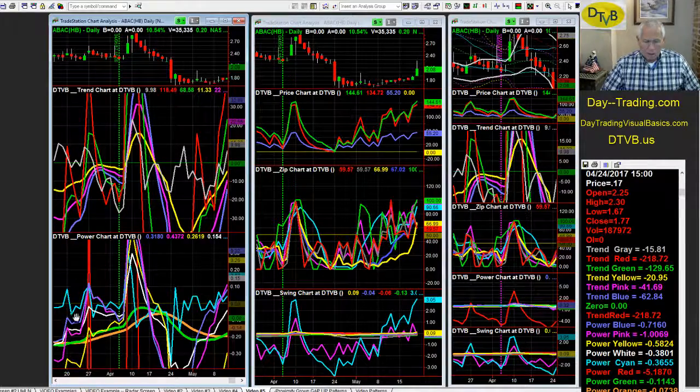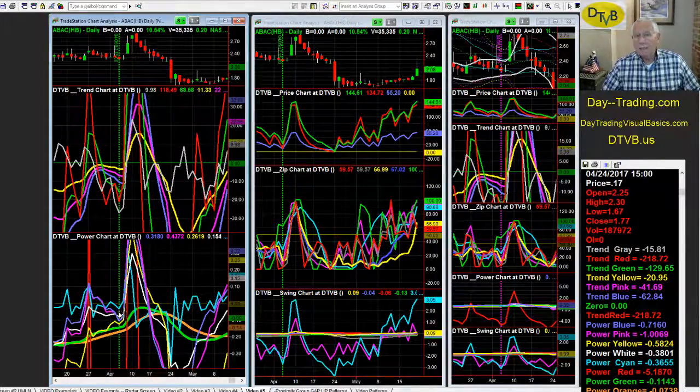In the power chart down here, you can see that Power Zion is in a 2-day TOC pattern going down, and that's the majority of the indicators as to the identical pattern that they are in. The proximity group is also above the power orange line, which is what we need for a gap up.